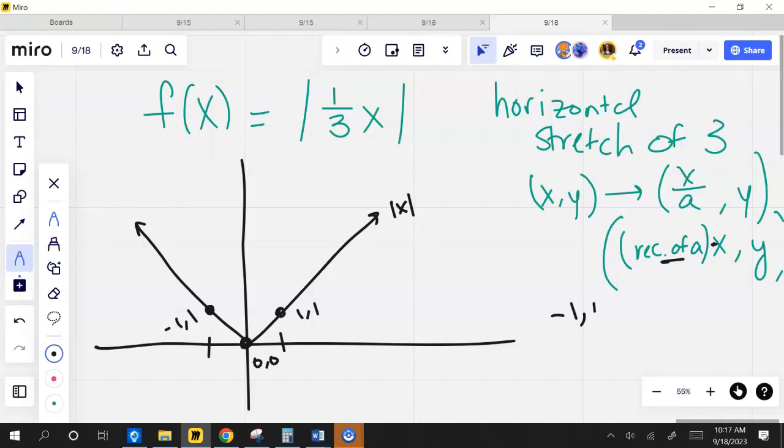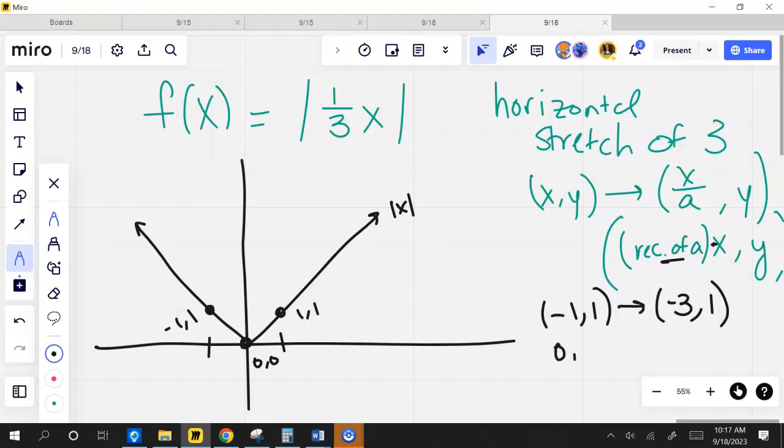All right, (-1,1) becomes, I'm going to take the reciprocal of A, which is 3, and I'm going to multiply it by this first one. So that's going to become -3, and y stays the same. For horizontals, y always stays the same.